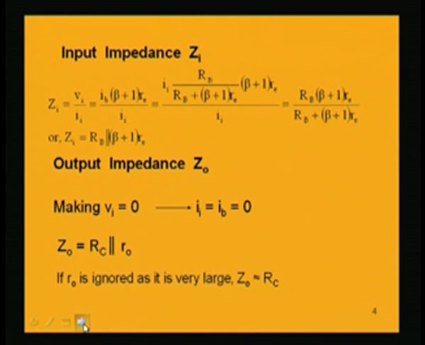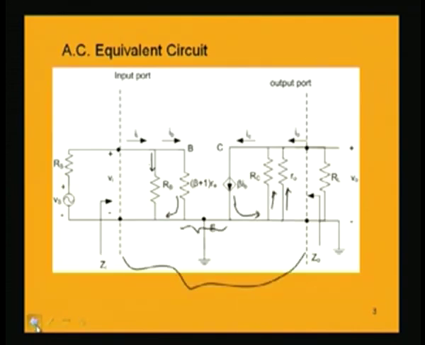So, if we want to find out the input impedance Zi, input impedance means the ratio between Vi and Ii. So, Zi is equal to Vi by Ii. Now, we can find out what Vi, the input voltage, is. If we look into this figure, the input voltage between these two terminals is the voltage across this resistance (beta plus 1) Re, or the voltage across Rb.